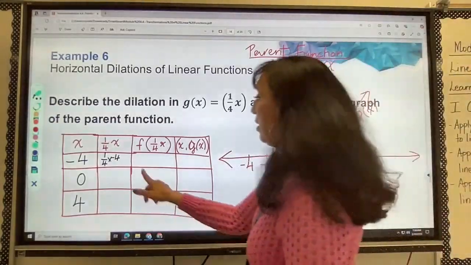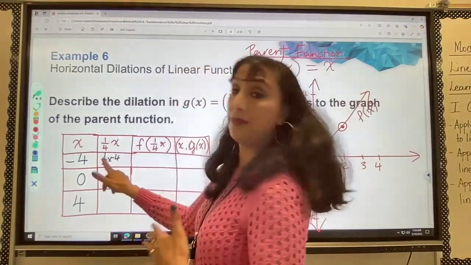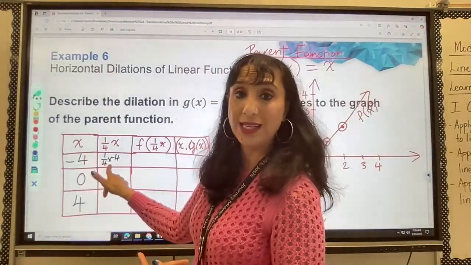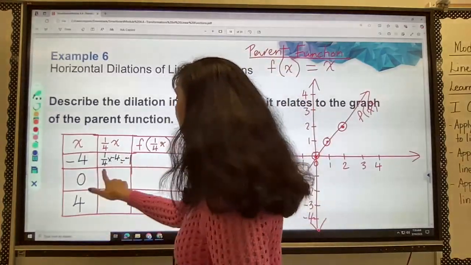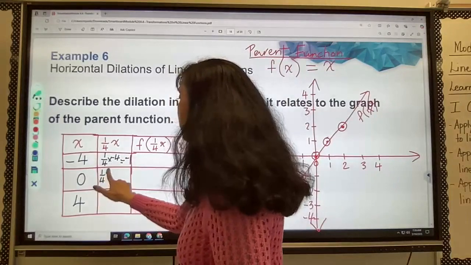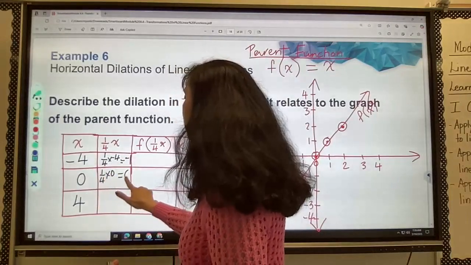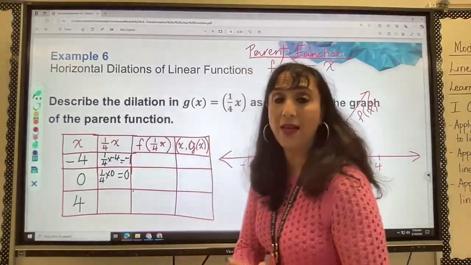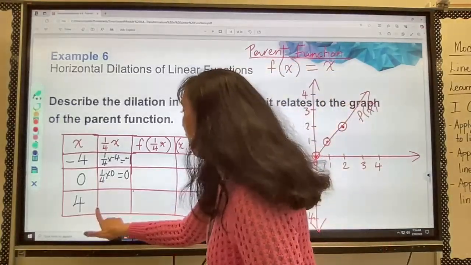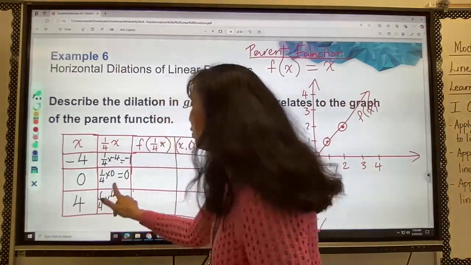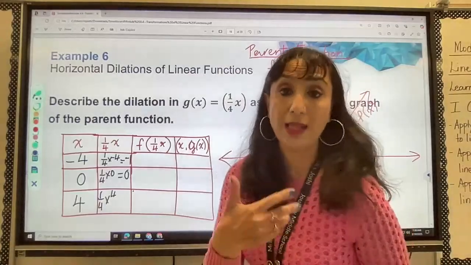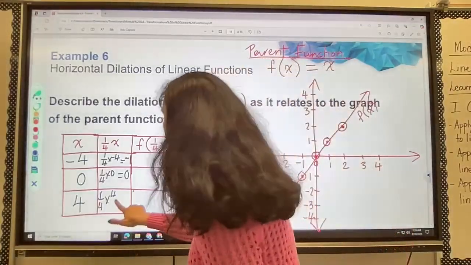I get 4 divided by 4 is 1, and then that has a negative sign. So this gives me -1. I have 1/4 times 0, and anything times 0 is 0. And then I have 1/4 times 4. So what is 4 divided by 4? And both are positive, so I get a +1.